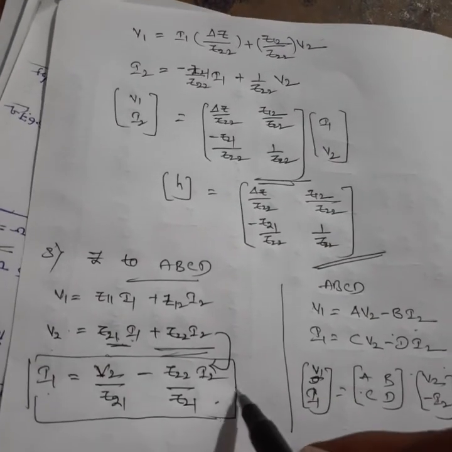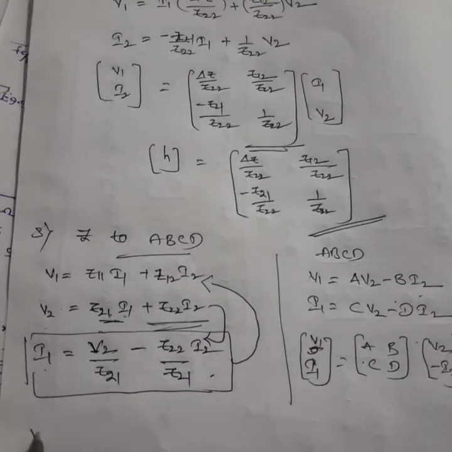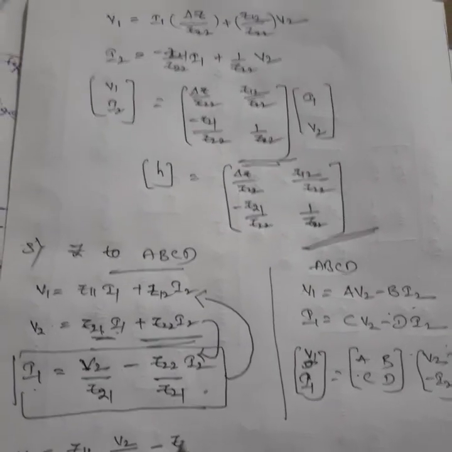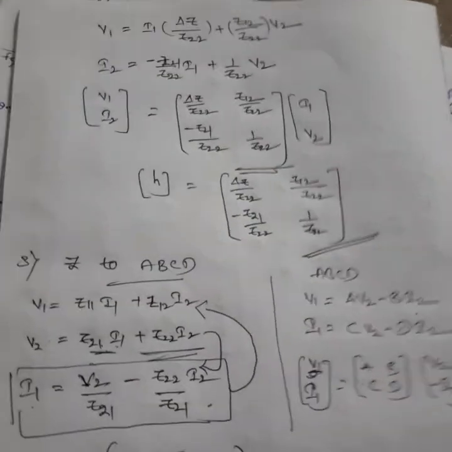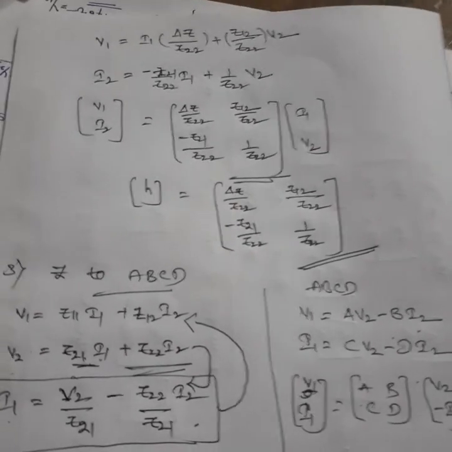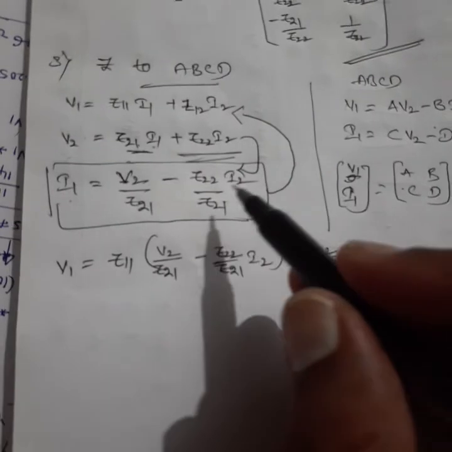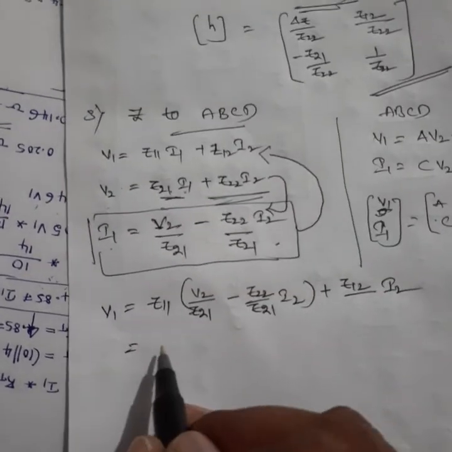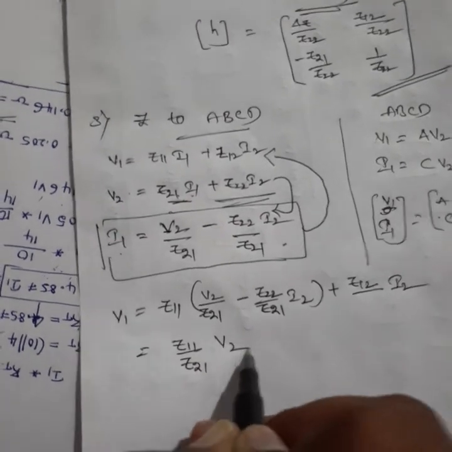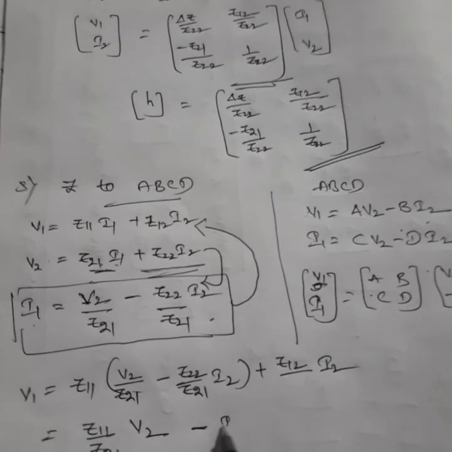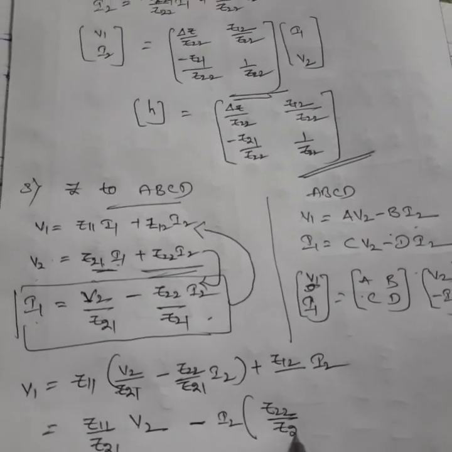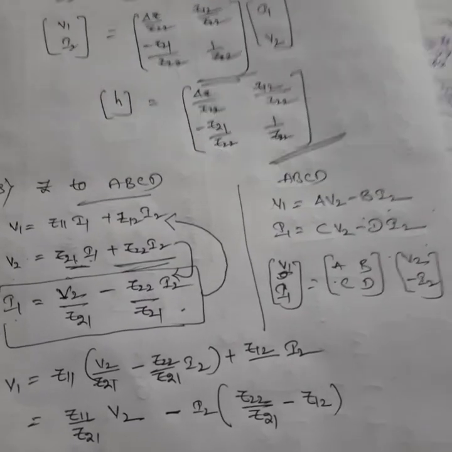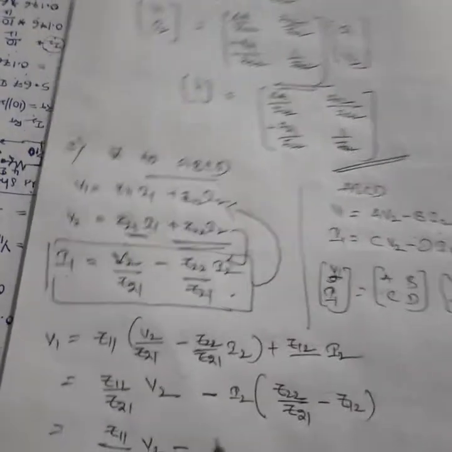Then substitute this equation in the first equation: V1 equals Z11 times (V2 by Z21 minus Z22 by Z21 I2) plus Z12 I2. Simplifying in terms of V2: Z11 by Z21 V2 minus, taking I2 as common, Z22 by Z21 minus Z12.